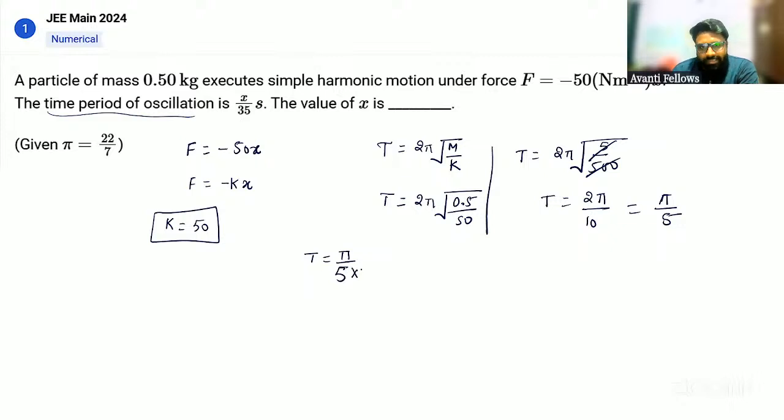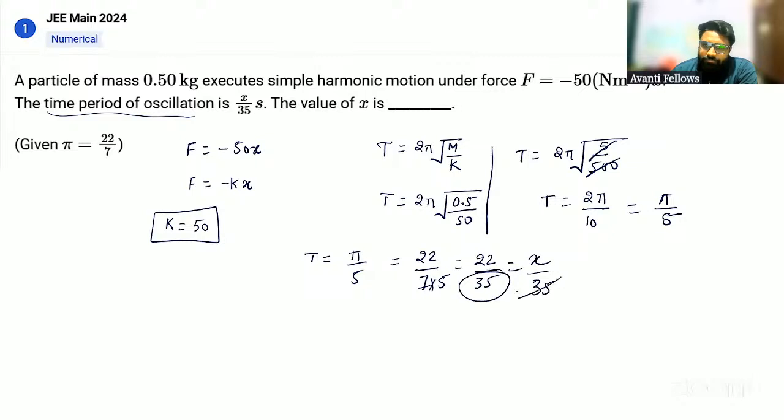We don't need to multiply by 7; just put the value of pi as 22 by 7. So pi by 5 becomes 22 by 7 into 5, which is 22 by 35. Now compare it with x by 35. So did you get the value of x?